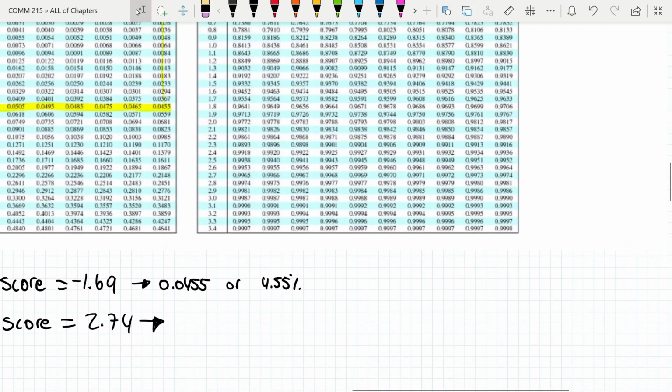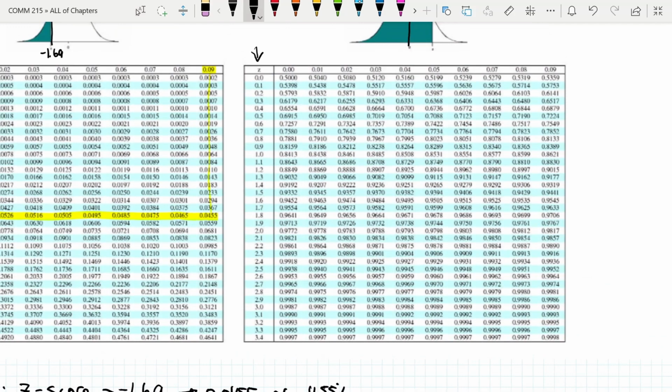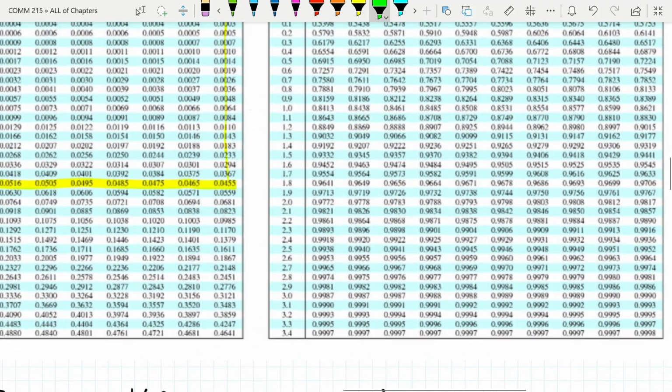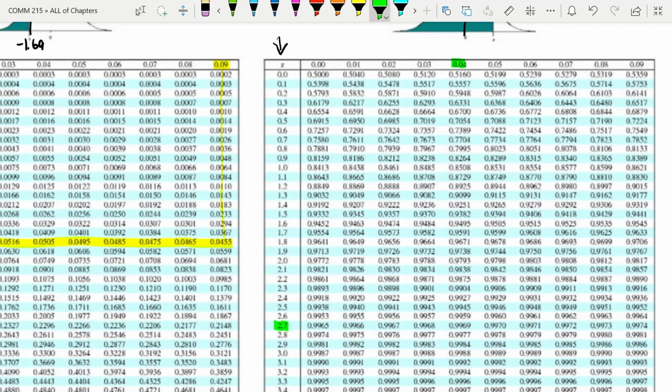once you have 2.74, you want to find on the left side of the table your first two numbers. So I'll do it in green. So 2.7, the first two numbers, and then on top it's the third number, or the second decimal, 4. Then I find where they meet, and that gives me the area or the probability to the left.